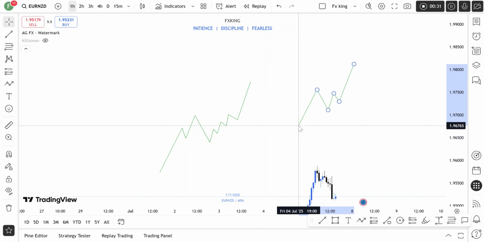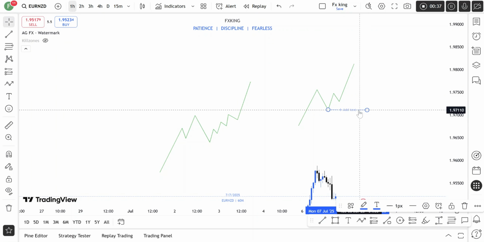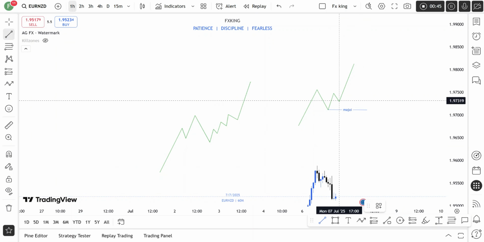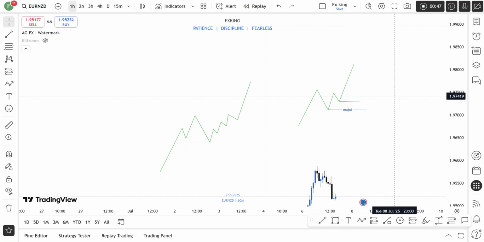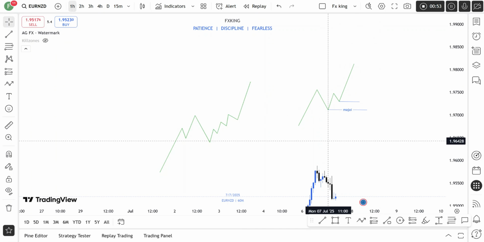At first we'd say this is our major pullback, which if we are marking price, will be our major inducement, and then this will be our minor inducement. But recently this is no longer how it is.